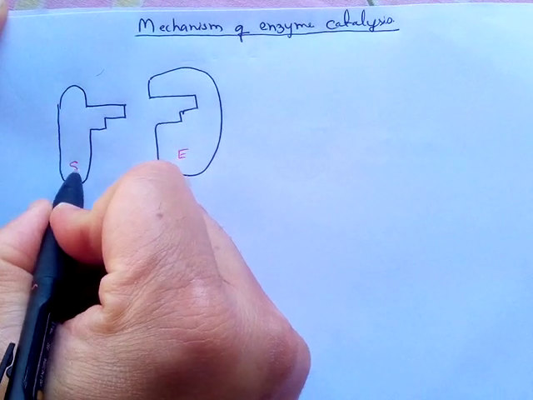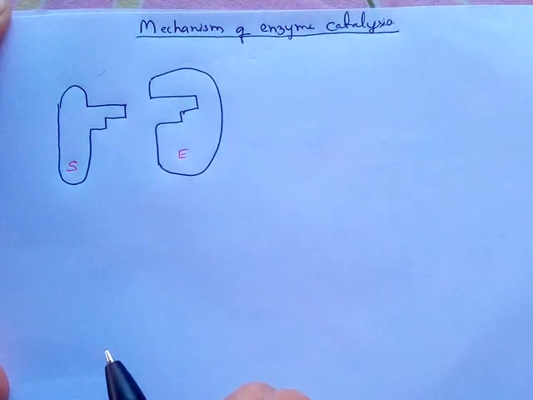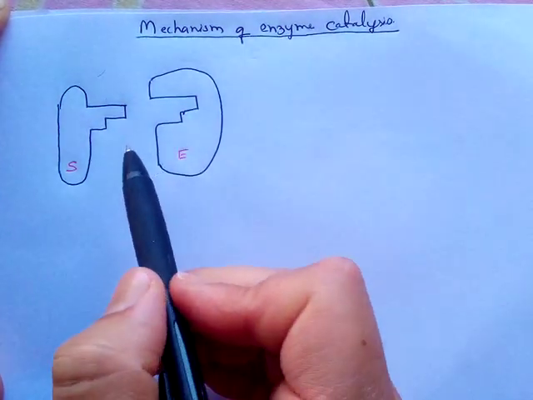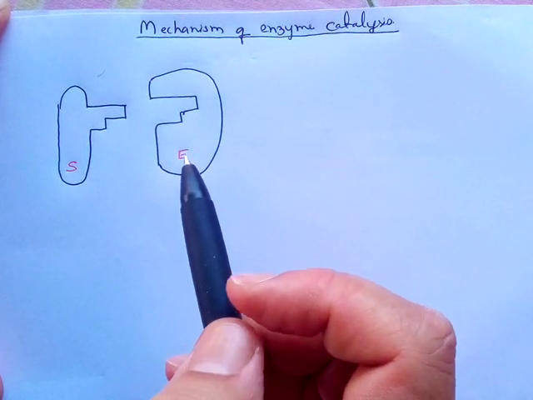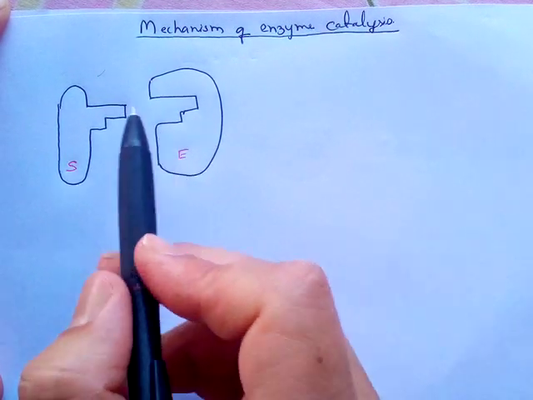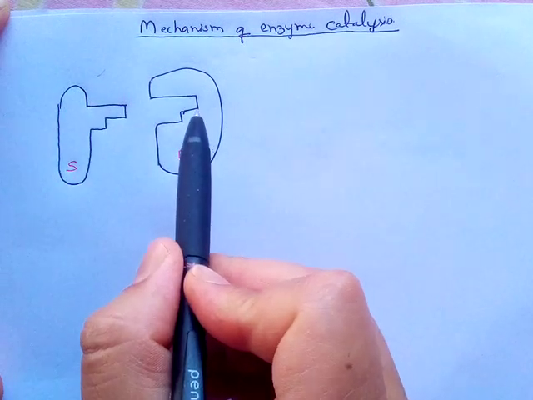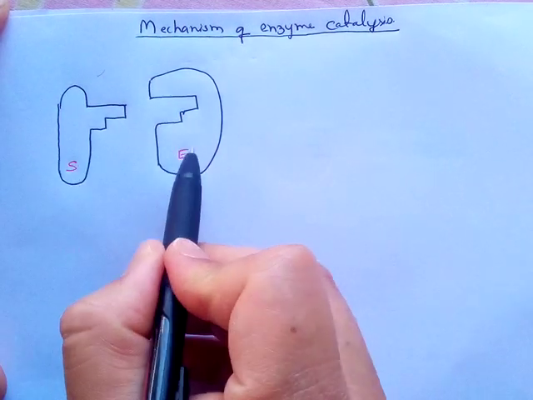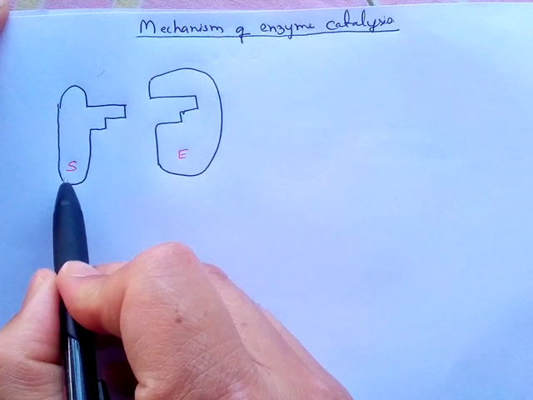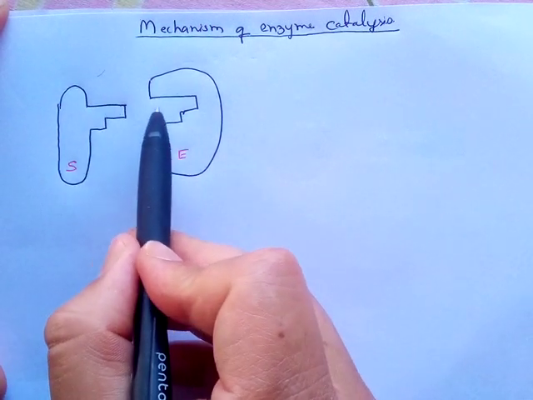Now this is our substrate. Now it follows the lock and key theory. Remember, a particular lock is used for a particular key. Therefore, only the particular key fits in a particular lock, right? So similarly, a particular enzyme is only useful for a particular substrate. So it has complementary shapes.